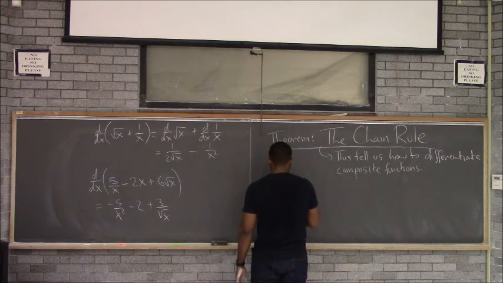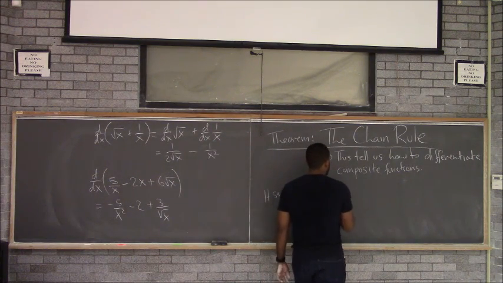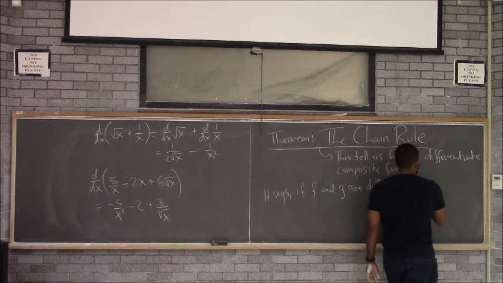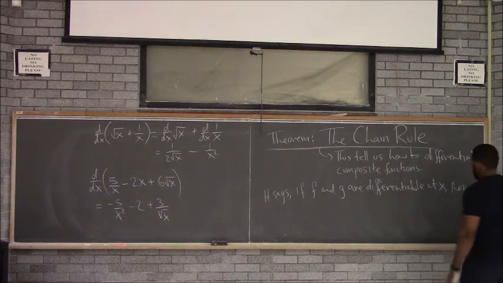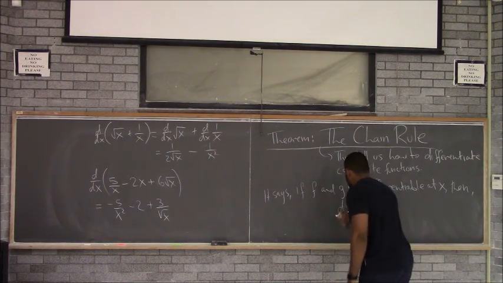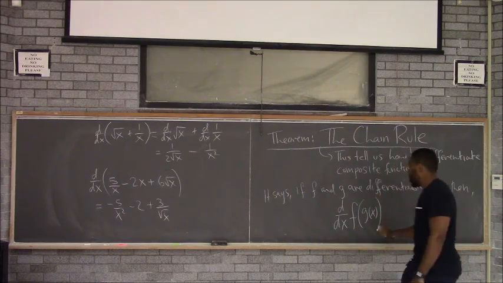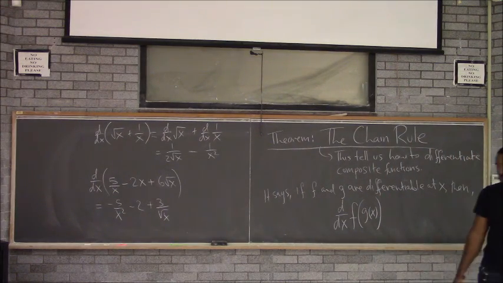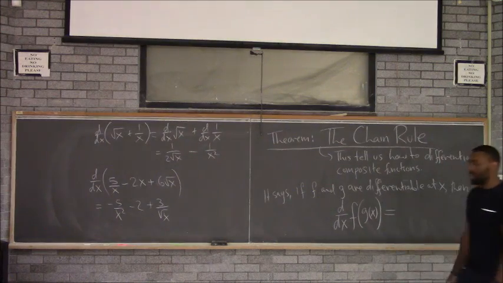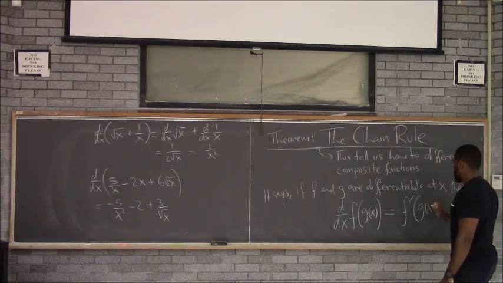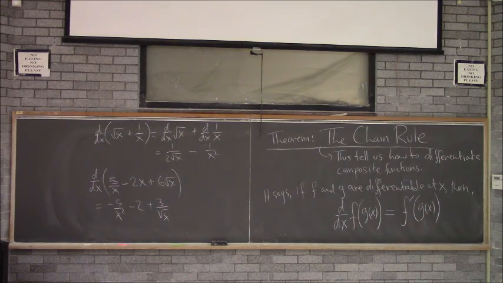It says, if f and g are differentiable at x, then the derivative of f of g of x, meaning if I plug one function inside of another function, is going to be the derivative of the outer function, leaving the inside one alone, times the derivative of the inner function.